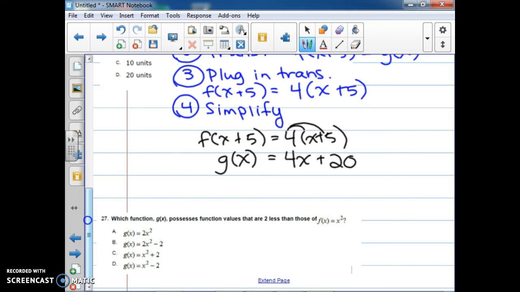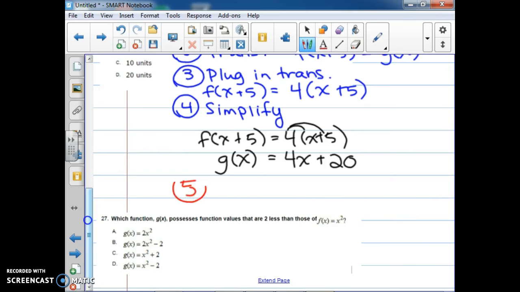You will not have to do that in every problem, but we're going to do that here because this is a linear equation, actually. And our question is asking us about the y-intercept. So in order to find the exact value for the y-intercept, I have to distribute. 4 times 5 is 20. All right, so now let's identify the y-intercept and compare them.